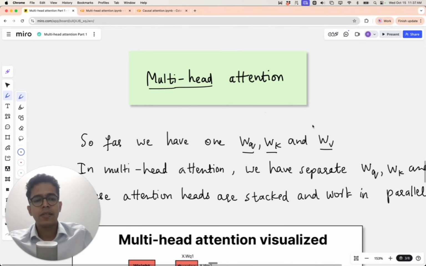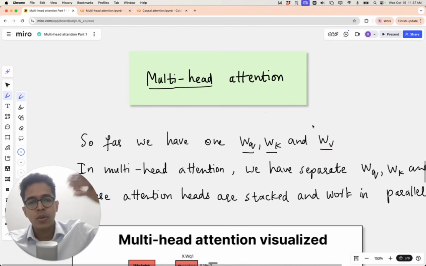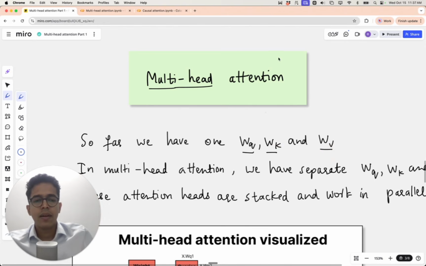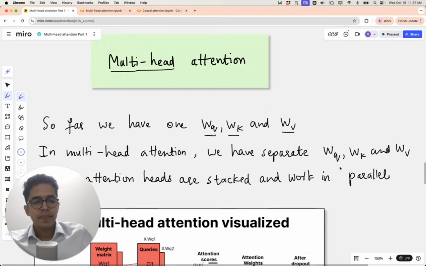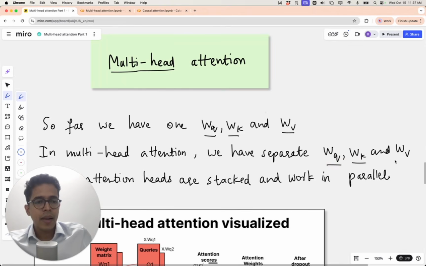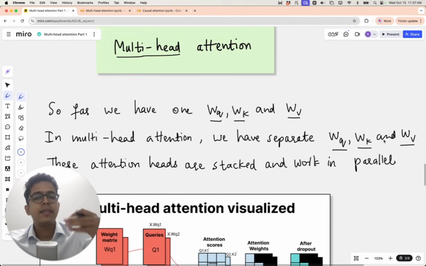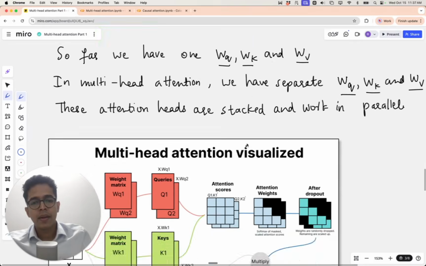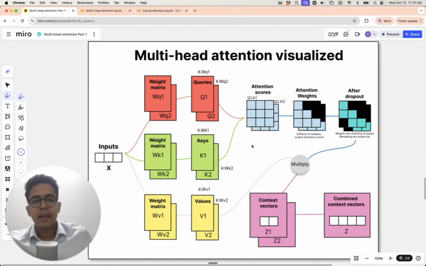And these matrices were used to transform the input embeddings to query, key and value. In multi-head attention, we will have separate WQ, WK, and WV corresponding to each attention head, and they will be stacked in parallel. So I have made a figure that explains the following.